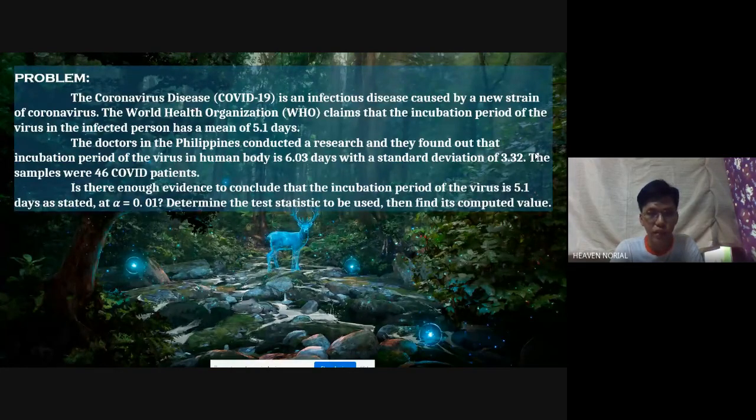Doctors in the Philippines conducted the research and found out that the incubation period of the virus in the human body is 6.03 days with a standard deviation of 3.32. Samples were 46 COVID patients. Is there enough evidence to conclude that the incubation period of the virus is 5.1 days as stated, and alpha equals 0.01? Determine the test statistic to be used and find its computed value.